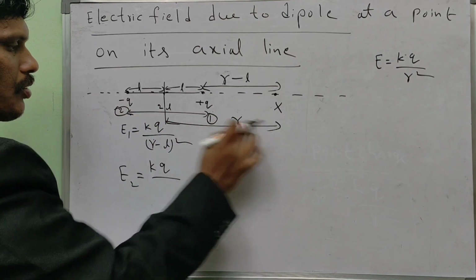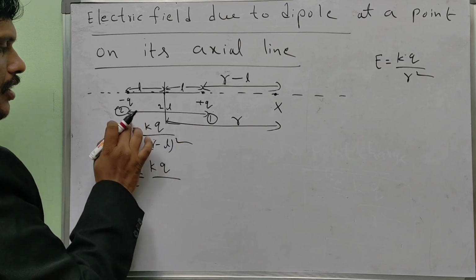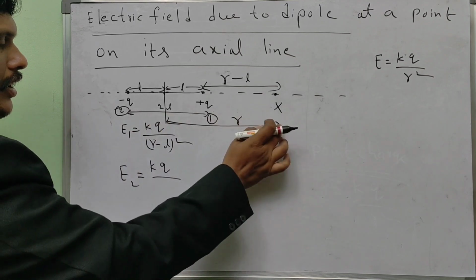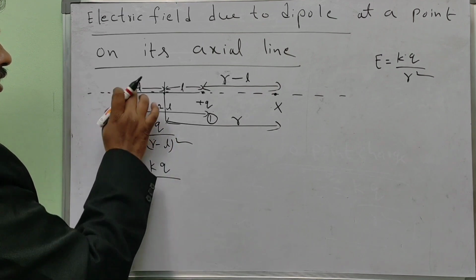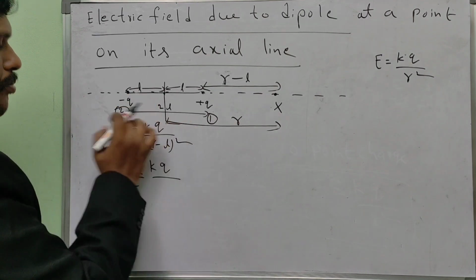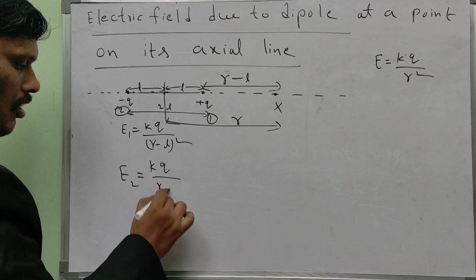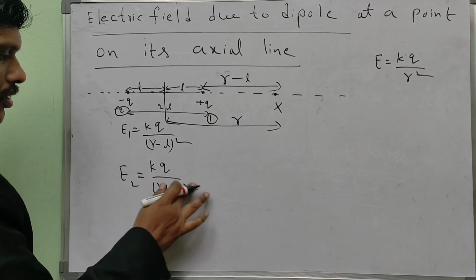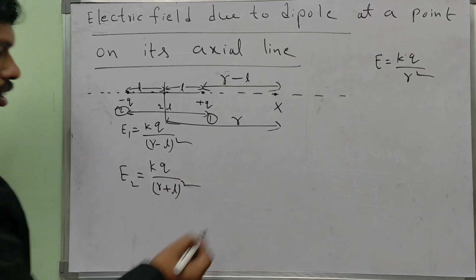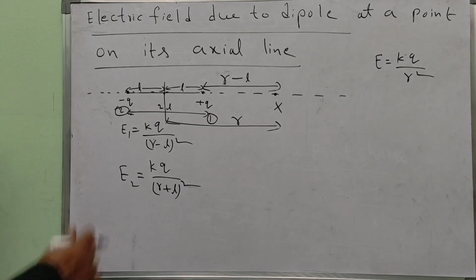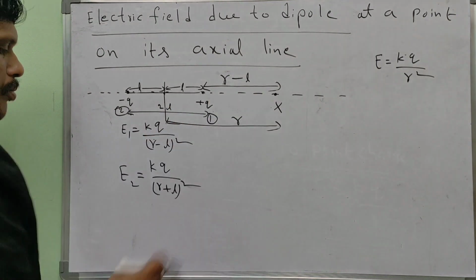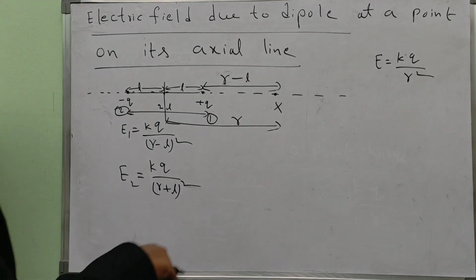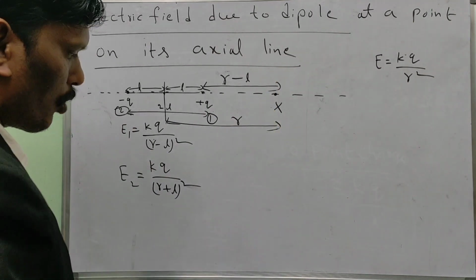From the point to the center is r, and from the center to the negative charge is L. That is r plus L. So the distance square means (r plus L) whole square. So this is the magnitude of the electric field because of the first charge at point X, and this is the magnitude of the electric field because of the second charge at point X.